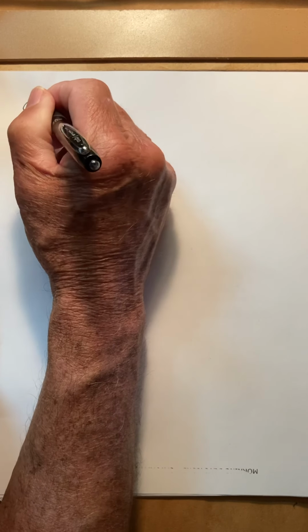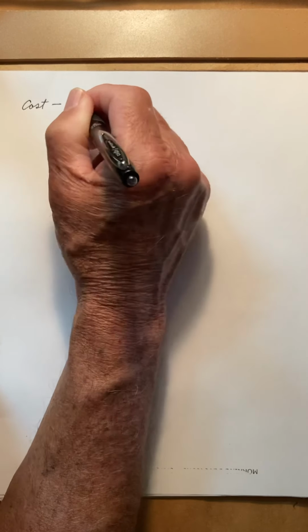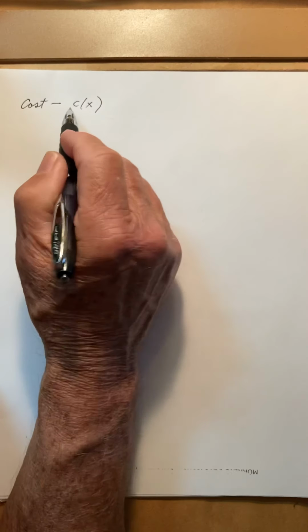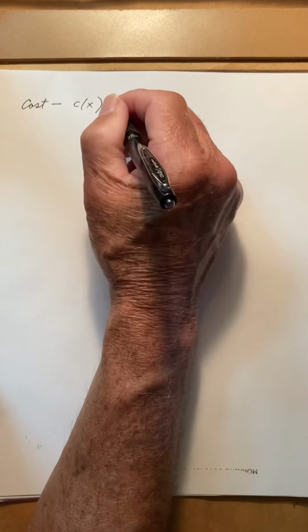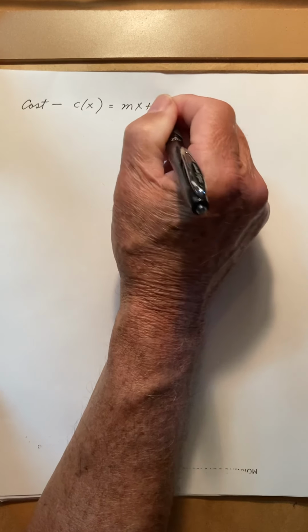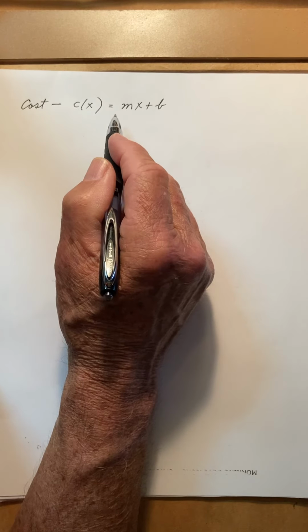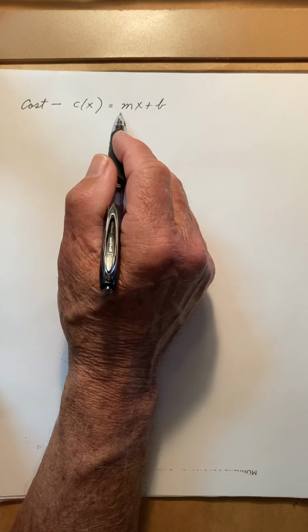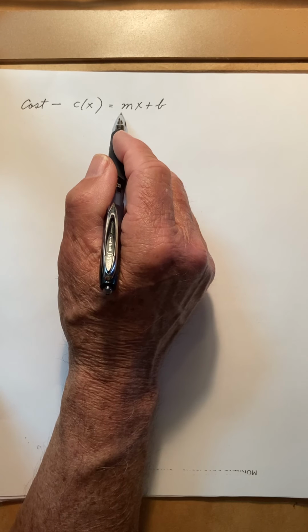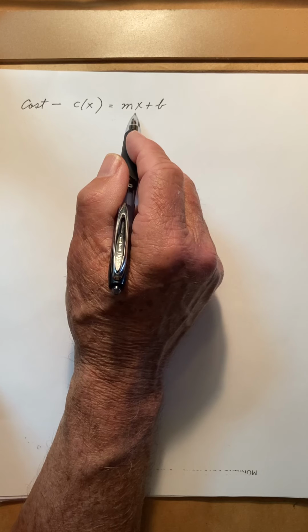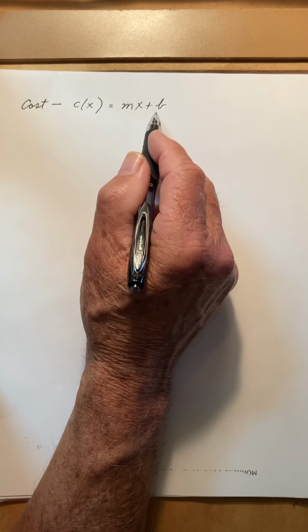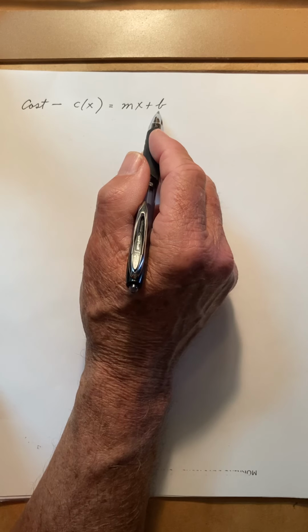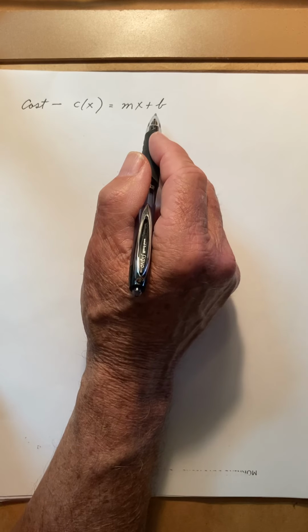And the first one of those is called the cost function, which we call C of X. The cost is a function of X, and the formula is mx plus b, where m stands for the cost of each item that you produce, like in a manufacturing business. X is the number of items produced, and b is what we call our fixed costs, like utilities and rent and so on, because utilities and rent stay the same no matter how many you produce. That's why it's called a fixed cost.